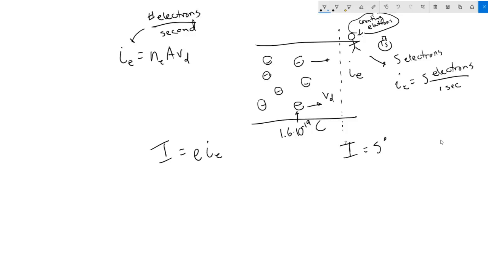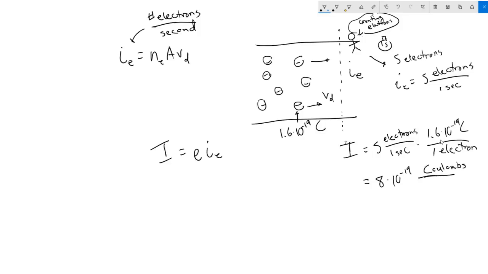So 5 electrons per second times each electron has 1.6 times 10 to the negative 19 coulombs. So then you would have, hey, 8 times 10 to the negative 19 coulombs pass by in 1 second. Okay, that is the difference. Big I is the charge that is passing by per second. Little i is the number of charge carriers or electrons passing by.